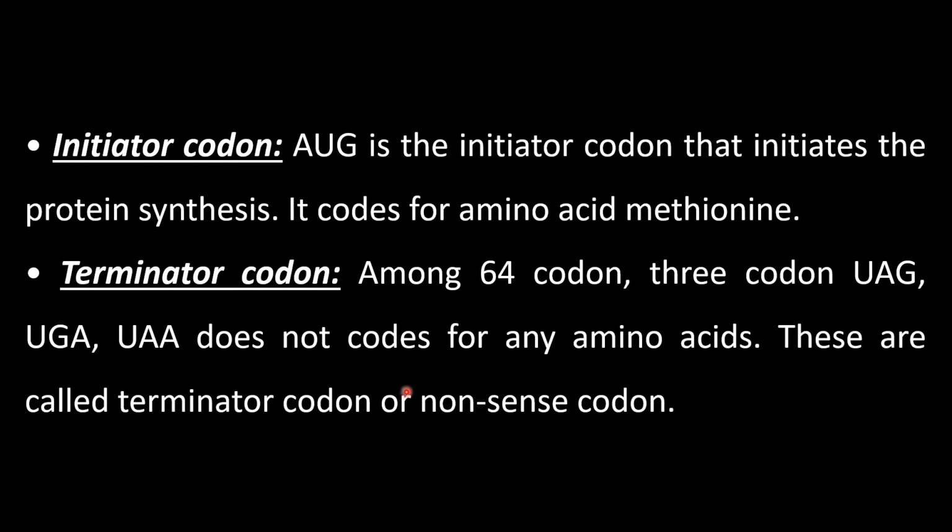Therefore, they are called terminator codons. Which are the terminator codons? They are UAG, UGA and UAA. So one is the initiator codon AUG, which codes for methionine, whereas 3 codons are terminator codons. They do not code for any amino acid.